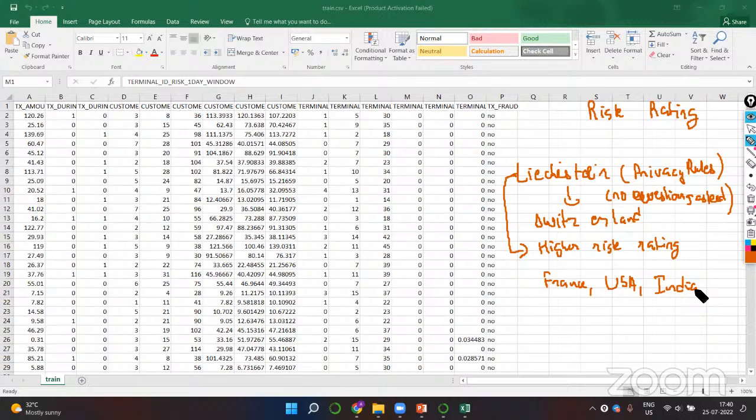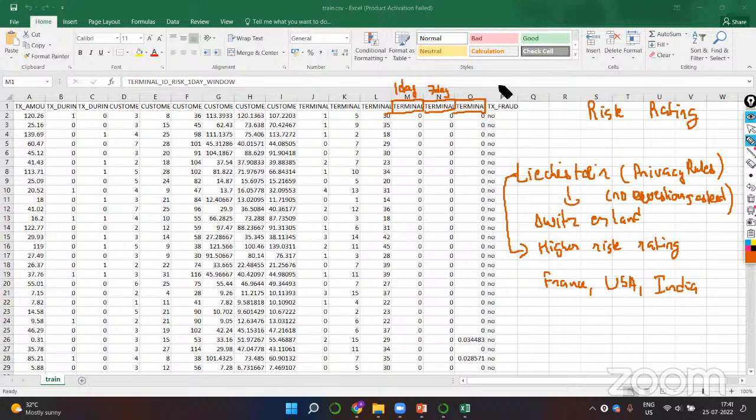So what we are trying to do here is we are trying to see if they access terminals within a 1-day window, how much risk is associated with different terminal IDs, for a 7-day. This is 1 day, this is 7-day, and this is 30 days.